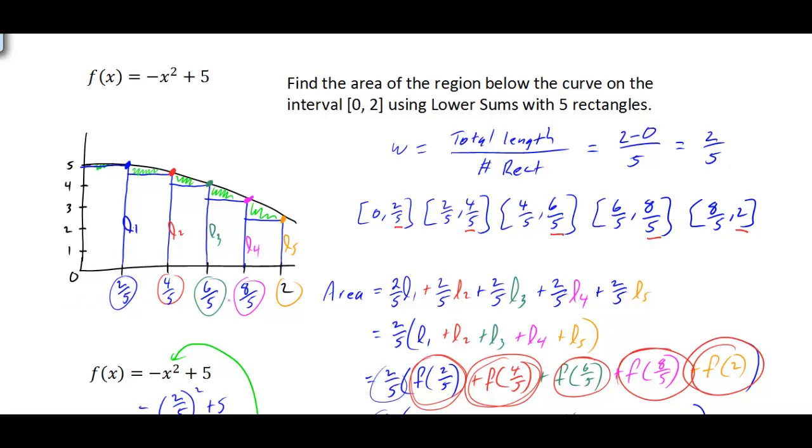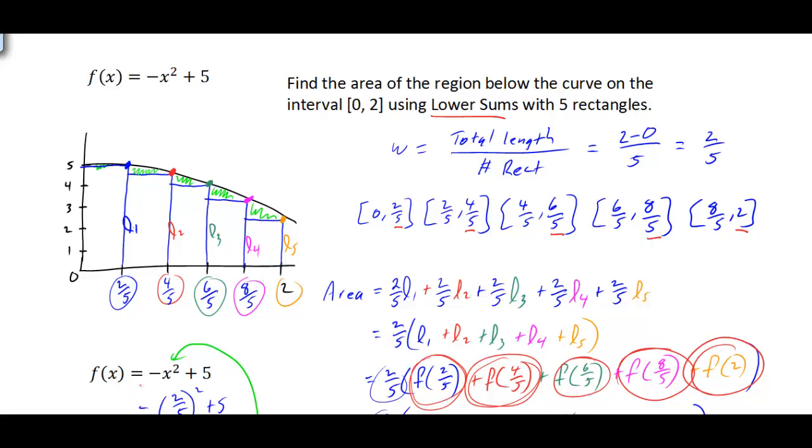instead of 5. Now, it's not always going to be the case that the right endpoint is going to be the lower sums, because it really depends on the shape of your curve. If your curve is going the other direction, this one's being curved down. If the curve was going up, then maybe your endpoints would be different.